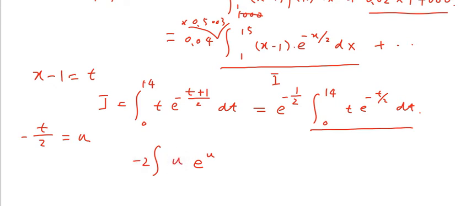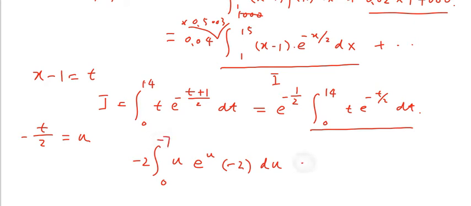When t equals negative 2u, dt equals negative 2 du. So when t equals 0, u equals 0. When t equals 14, u equals negative 7.